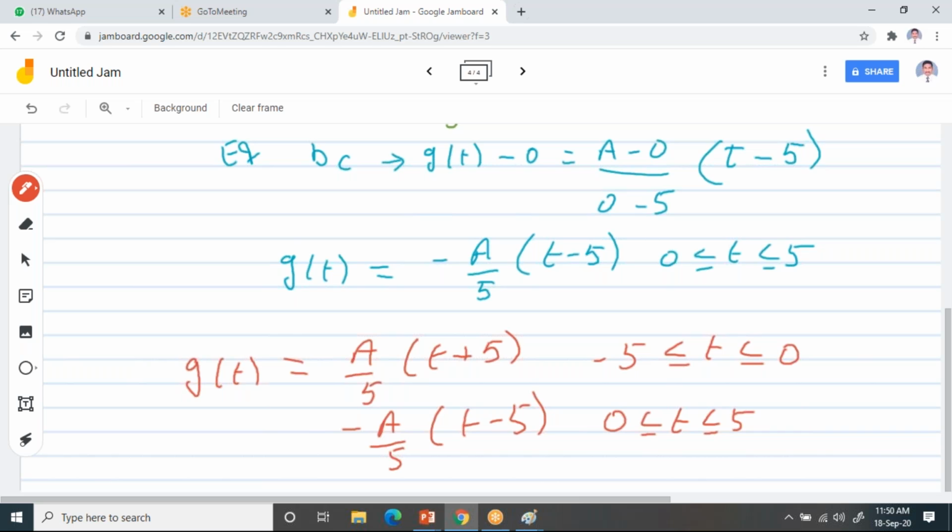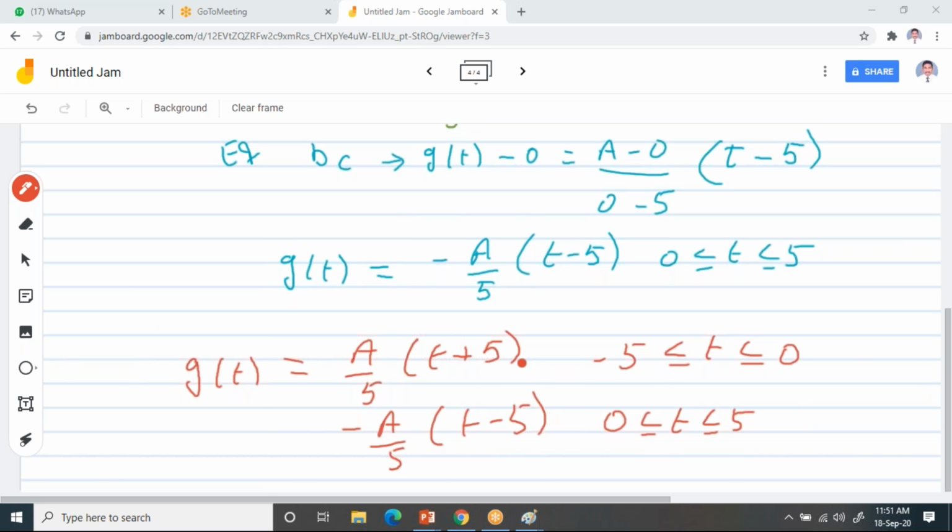Once after knowing the equation and the limits of g of t, can you find the Fourier transform for this or not? Please post it in the chat box. Now you need to consider g of t, which is the combination of two lines.